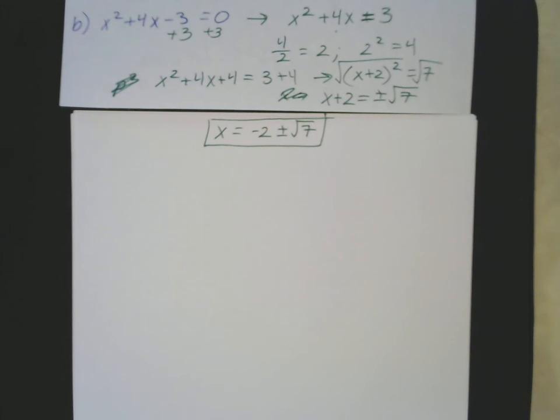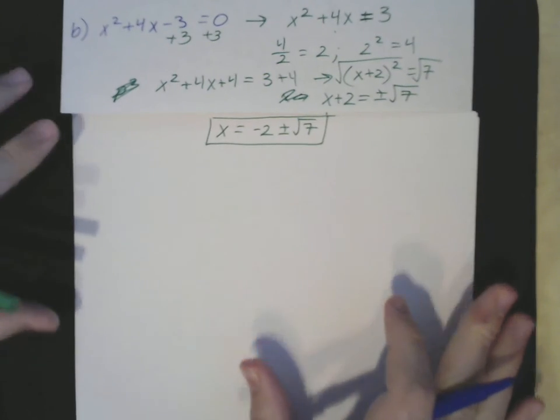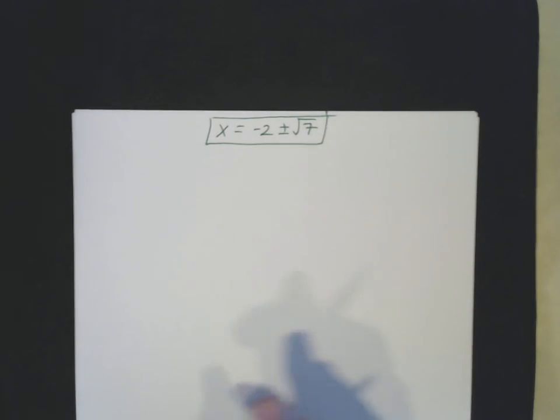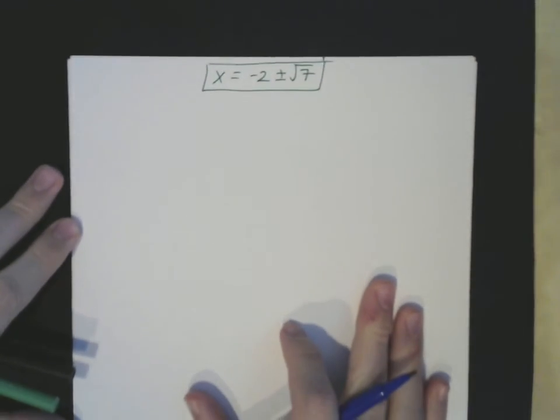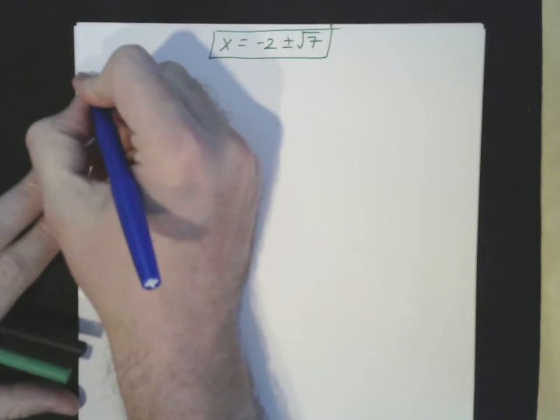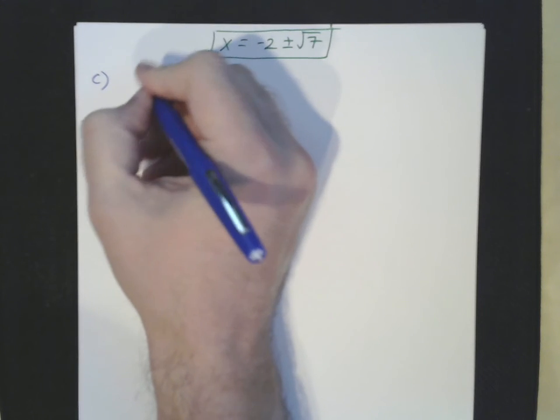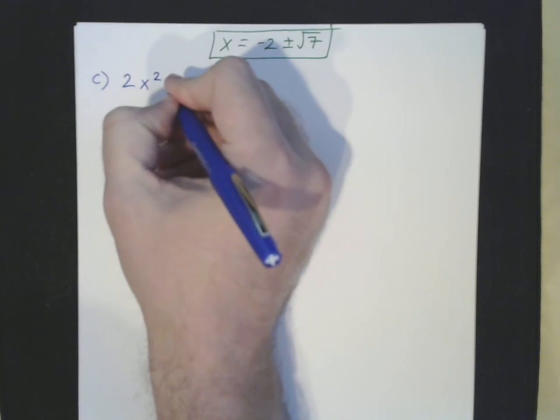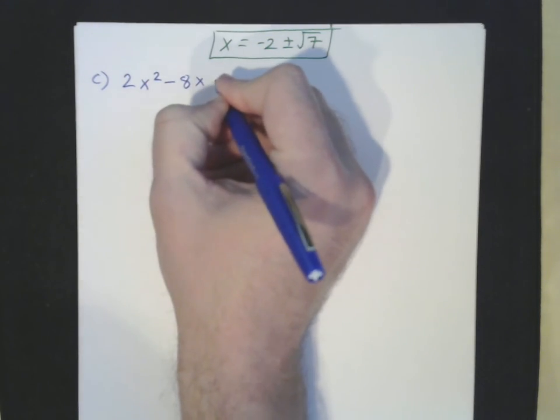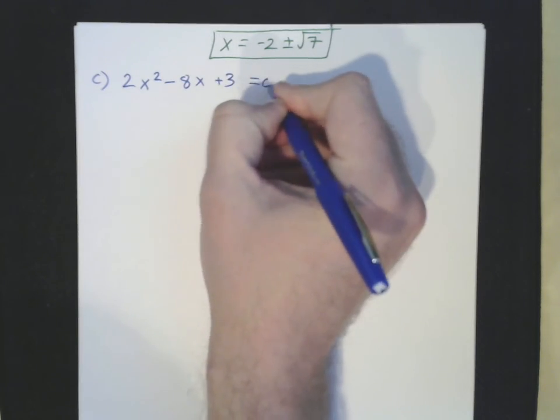Okay. So let's do one more that's not as friendly as these two were. So this would be part C. So we'll do 2x squared minus 8x plus 3 equals 0.